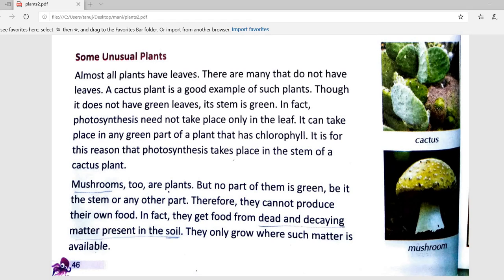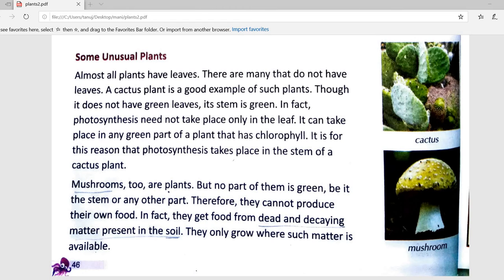Because they do not have any leaf, they have thorns in place of leaves, but the green color present in the stem helps to prepare food for the cactus plants.